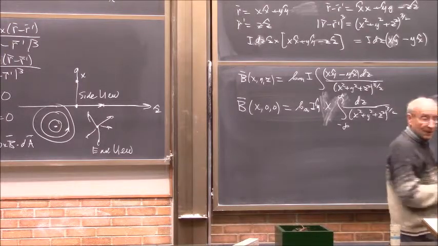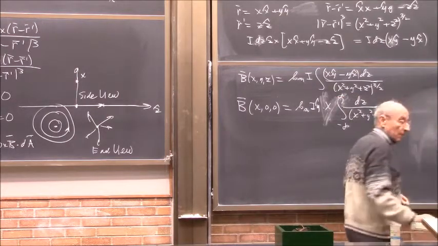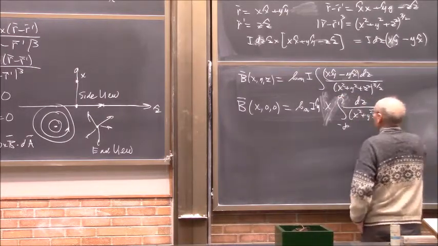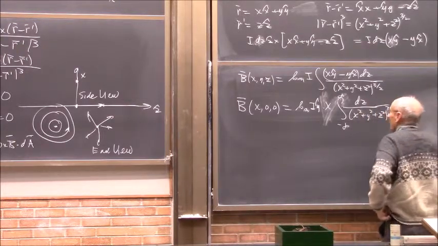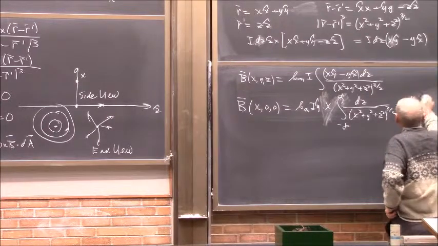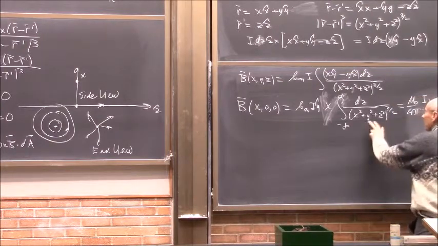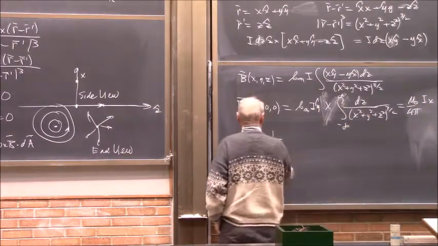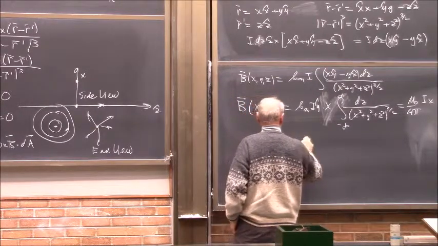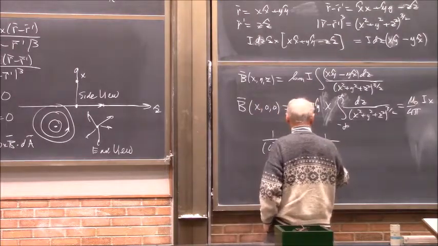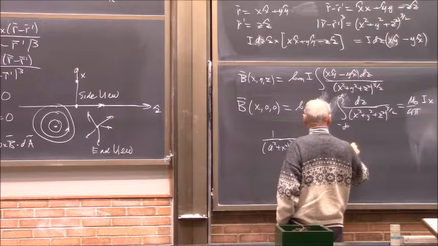Okay, let's do it. So we've got k sub m, which is mu 0 over 4 pi times I times x. And now, the integral of that, 1 over a squared plus x squared to the 3/2. It's something like, let's check it out here, a squared plus x squared to the 1/2.